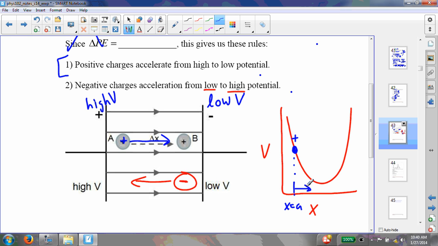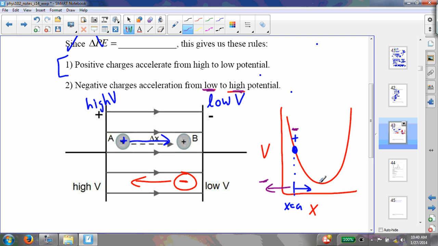That would be like following the electric field lines. However, if this was a negative test charge, negative test charges tend to go from low to high potential, and so it's going to move in that direction.